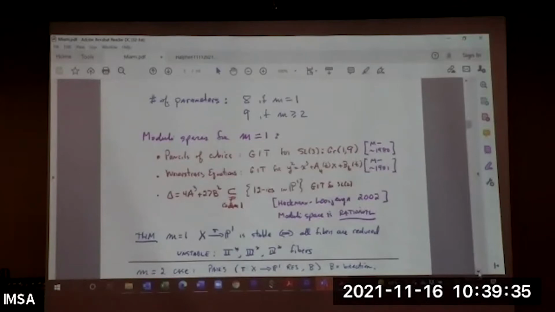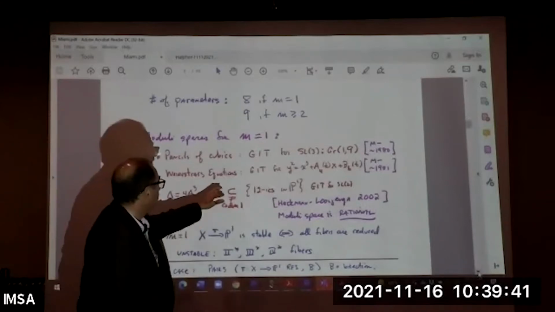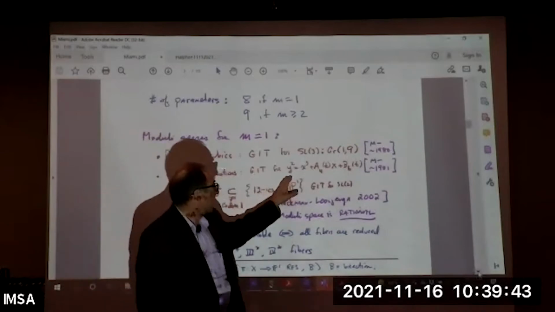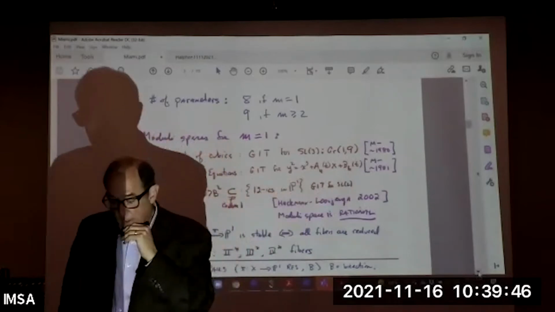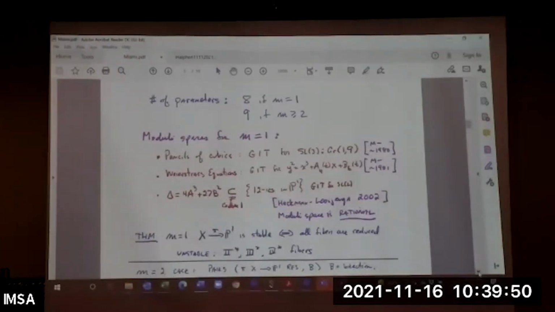Then in another separate attempt at trying to understand these, I looked at the Weierstrass equation. If you write any cubic curve in Weierstrass form, y squared equals a cubic, you can eliminate the squared term with a Tschirnhausen transformation, and you have y squared equals x cubed plus ax plus b.